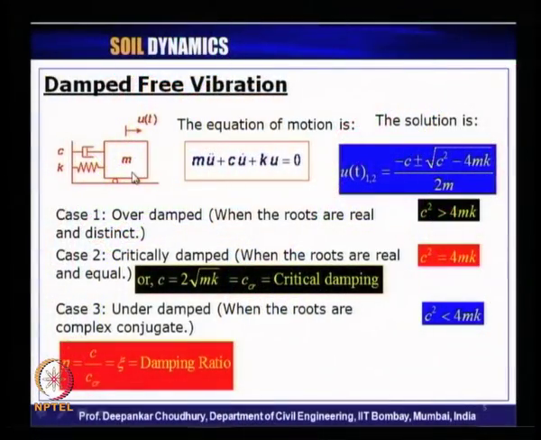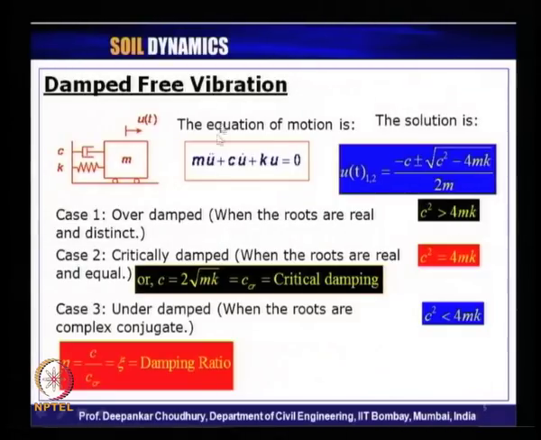For damped free vibration, the basic model of single degree of freedom system will look like this. That is, the damper is now present, because it is a damped case we are considering. So, the c is no longer a zero value, but it is a non-zero value.